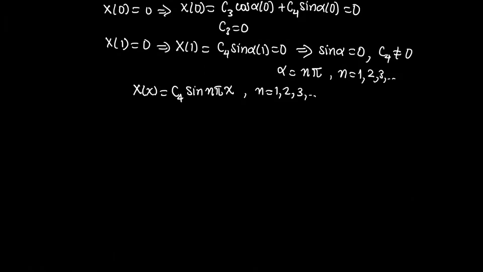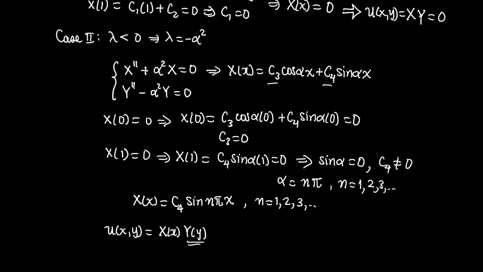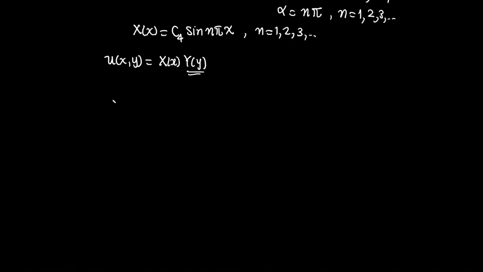So u(x,y) equals x times y, and I need to know y. That means I'm going to solve the second equation. If you solve the characteristic equation, you get r equal to plus or minus alpha.